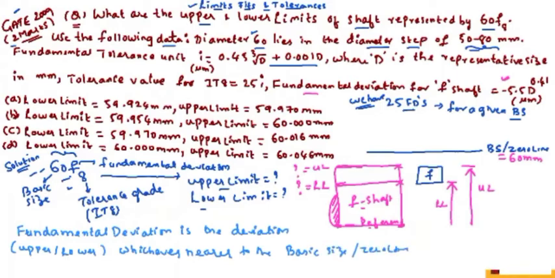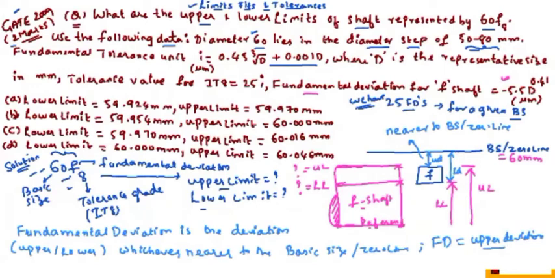So in this figure, if you consider this as the upper deviation, and the lower deviation from the basic size to the lower limit, the upper deviation is nearer to the basic size or zero line. So in this question, the fundamental deviation is the upper deviation. From the figure we can see that the upper deviation is the fundamental deviation.